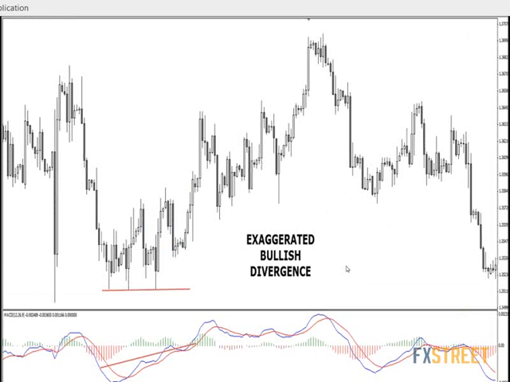Now, exaggerated bullish divergence. This is definitely divergence which newbie traders will find very hard to spot. But let's see, this is very simple. This is a triple bottom. Now, usually a double bottom is enough, but this is a triple bottom.